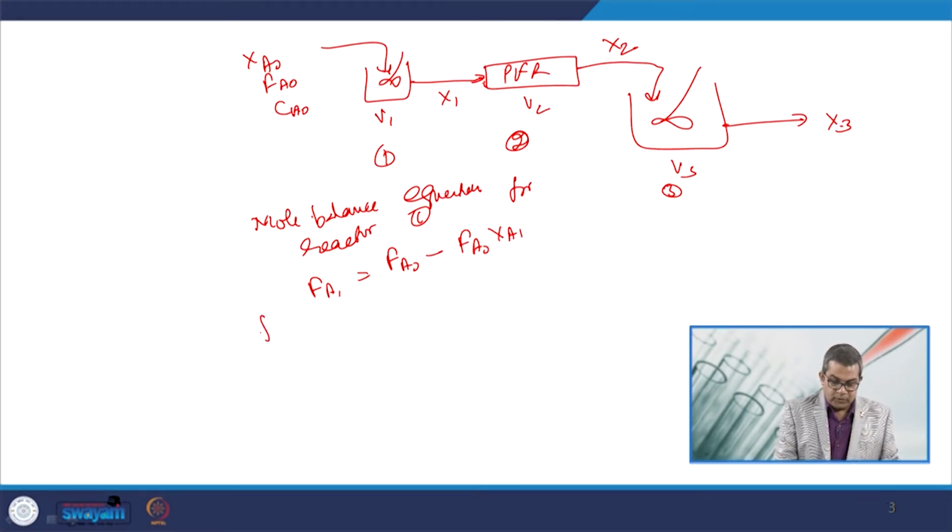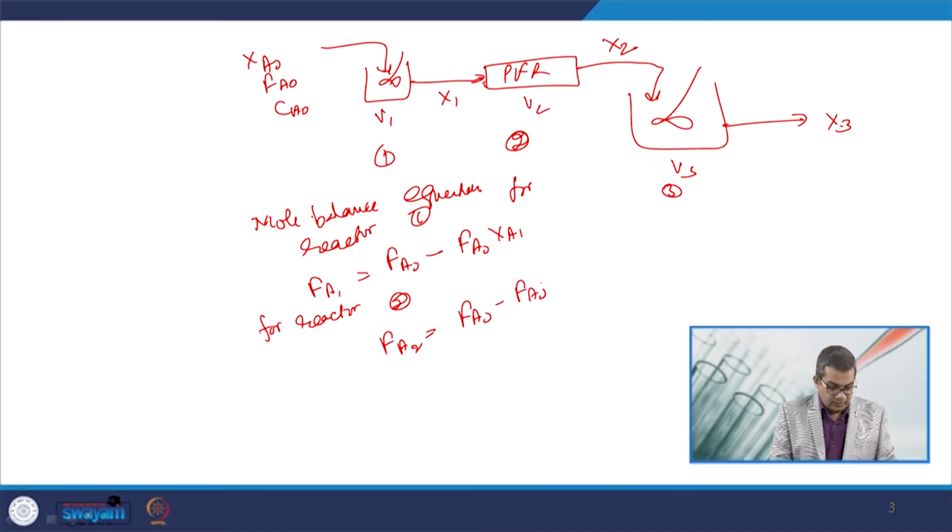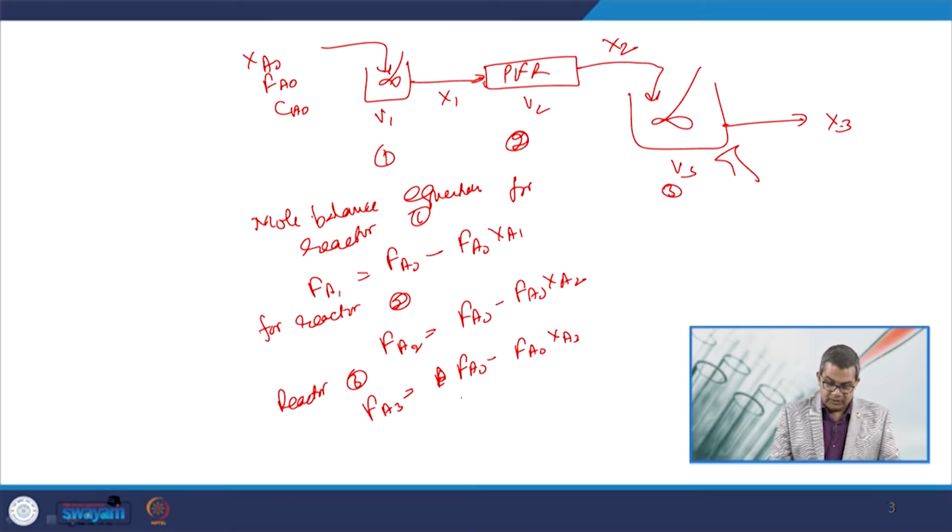If we talk about reactor 2, then F_A2 is equal to F_A0 minus F_A0 X_A2. For reactor 3, F_A3 is equal to F_A0 minus F_A0 X_A3. So these are the mole balance equations.